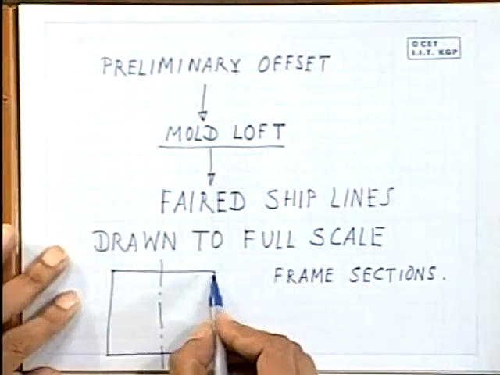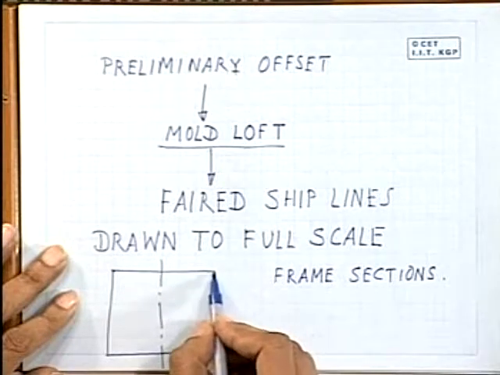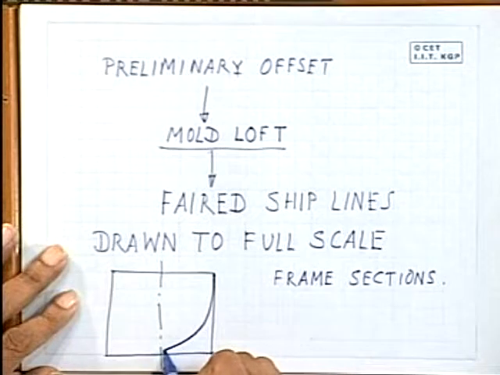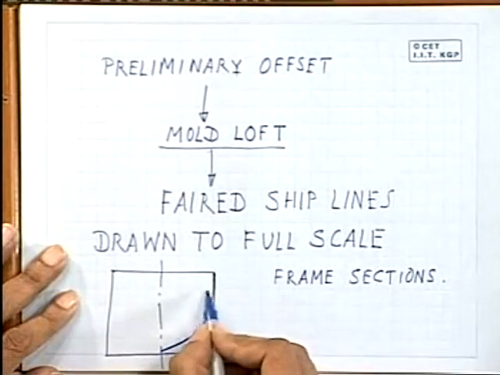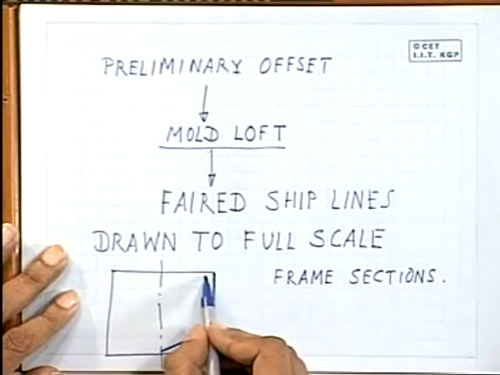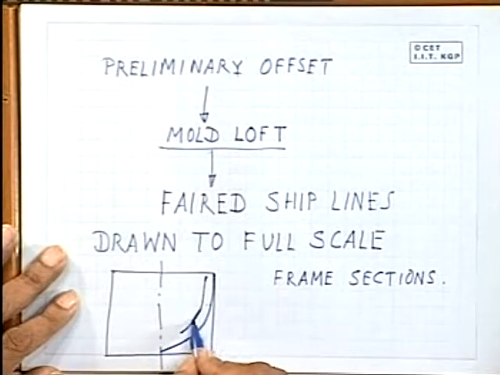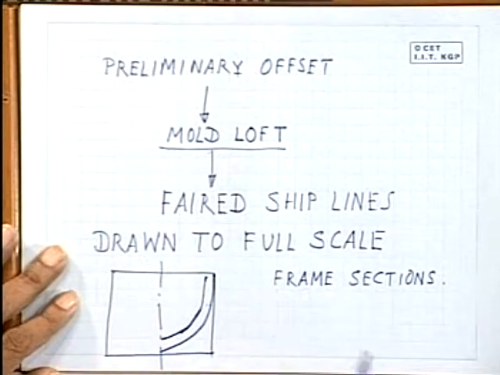That frame outline gives the molded line of the frame, that is, the outer edge of the frame, which comes on the framing plan. The frame, which is made of either a T section or an angle section, has to be bent according to the frame outline.